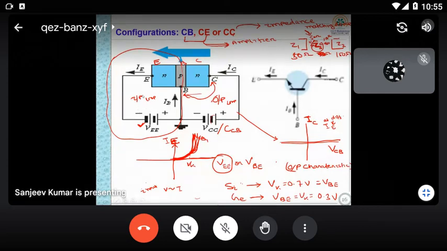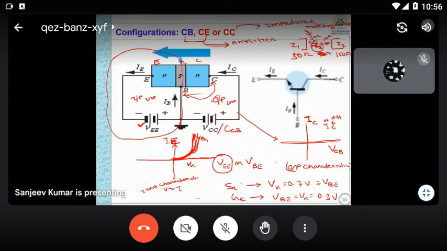Now in the input feature, this is the biasing voltage and this is the current, your input current IE. So we have to see the behavior between voltage and current. This is the input loop, or we can say the input characteristic.